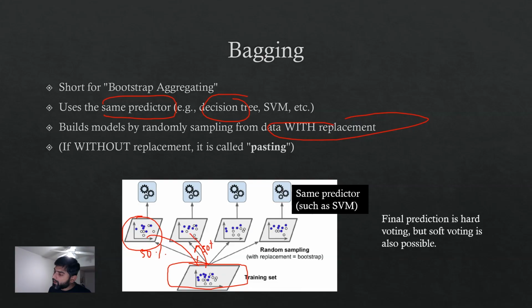And this comes back and gets replaced in the full data set. And another random patch goes to the third model. And we keep doing the same thing, running hundreds of models on the same data set, learning different patterns. When we do not replace the data, it's called pasting.